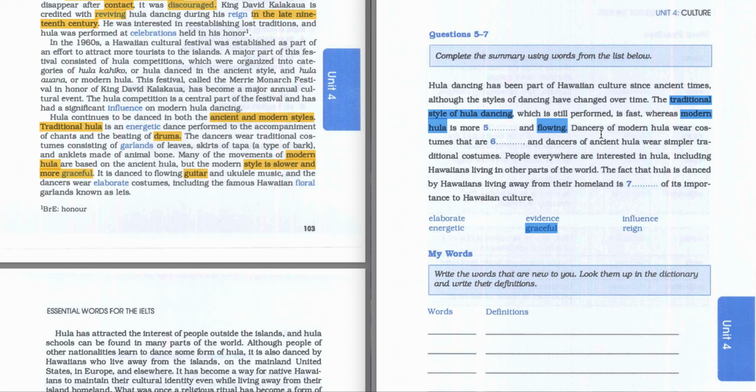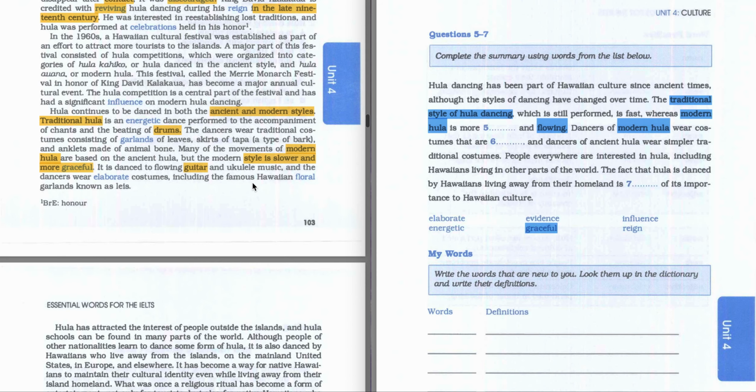Let's go further. Dancers of modern hula wear costumes that are something, and the dancers of ancient hula wear simpler traditional costumes. So about the modern hula, they were wearing some kind of costumes. Let's read further, because here we have all the information about modern hula dancing.